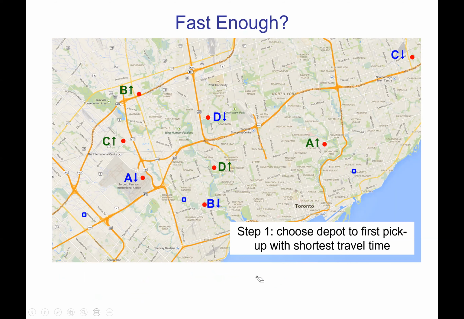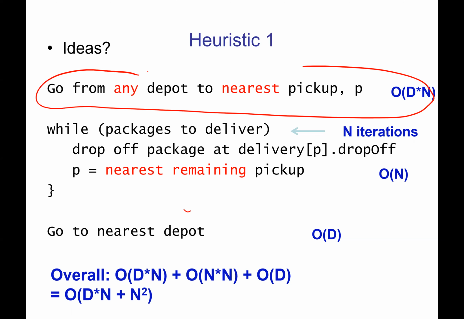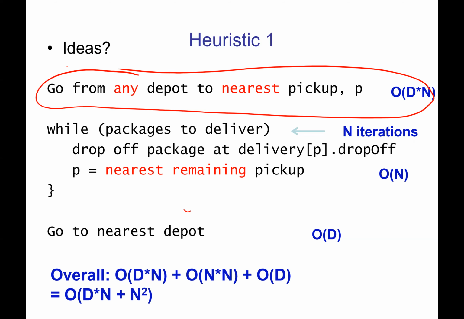So the very first decision, and basically the answer is it depends on what you do. So let's look at this first thing. We're trying to find from any depot to the nearest pickup, trying to make our first decision, and we're trying to pick the depot and the pickup that will lead to the shortest first travel, okay? And the number of choices are d times n.